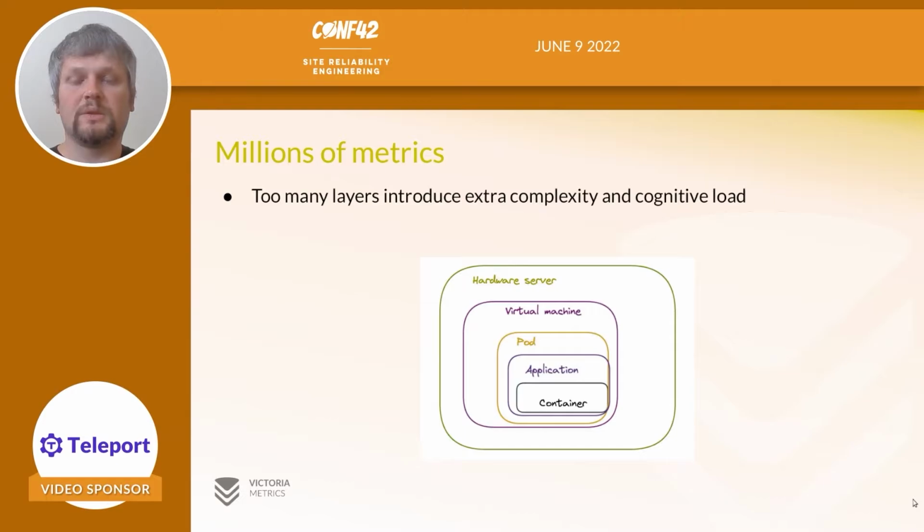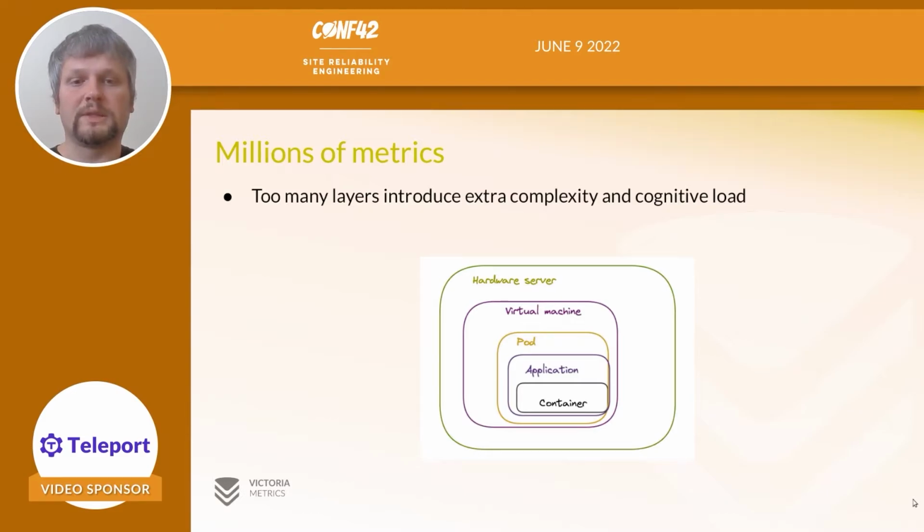What is the source of such big amounts of metrics? This is because of the multi-layer architecture of modern systems. Let's look at this picture. You can see that a hardware server contains virtual machines, each virtual machine contains pods, each pod contains applications, and each application contains containers.